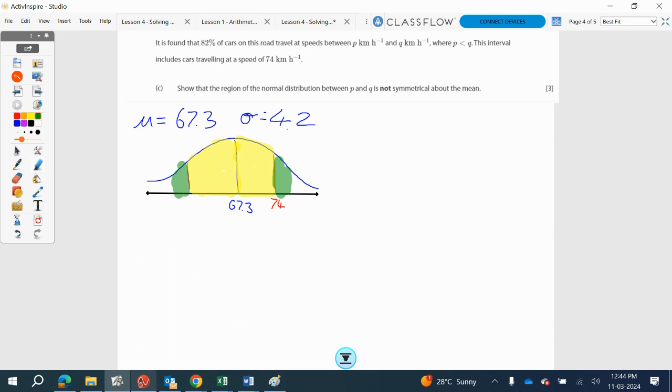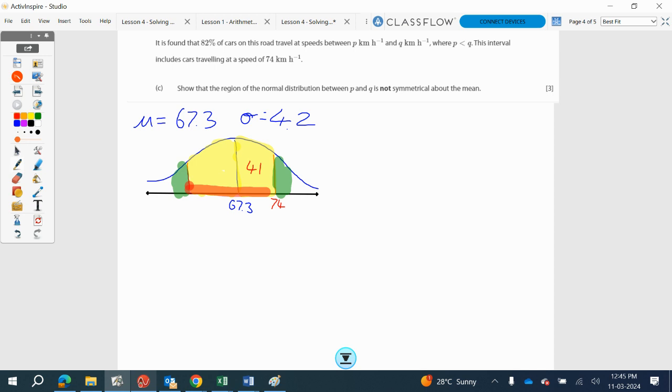Those green bits could grow in order to make 82. So what we're looking for is, is there enough space between here and here to get 82%? That means there has to be enough space here to get 41.